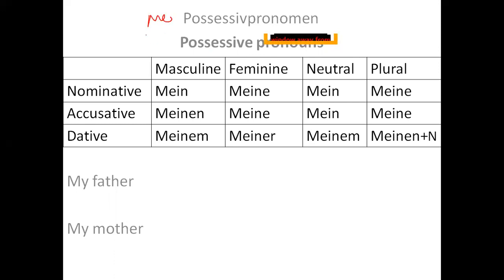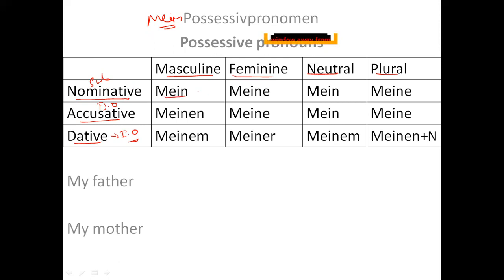What does this mean? This is nominative, you know it already. This is subject. Accusative, you know it already, direct object. And dative, you know it already, indirect object. And masculine, feminine, neutral and plural are the genders, so four columns are there. Here is a complete table. This table you need to learn, right?